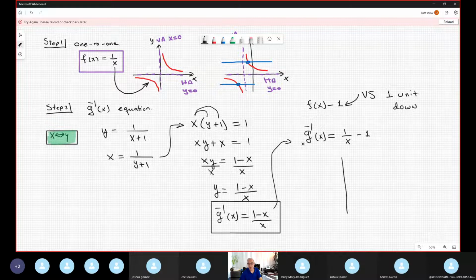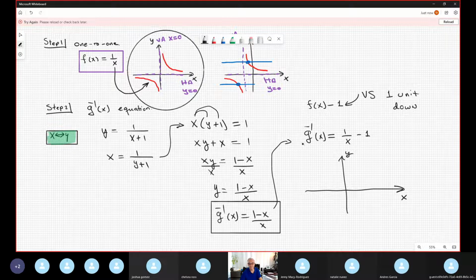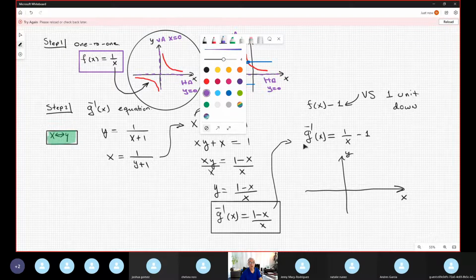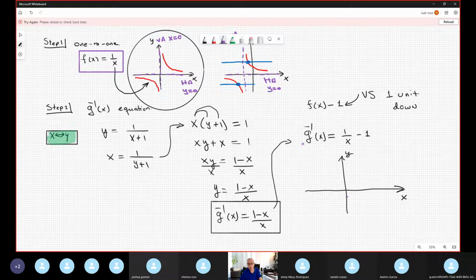So if it's 1 unit down, the only thing that changes in this graph is the horizontal asymptote. The horizontal asymptote now is not at y = 0, it's at y = -1. This is my new horizontal asymptote at y = -1. It comes from this -1.